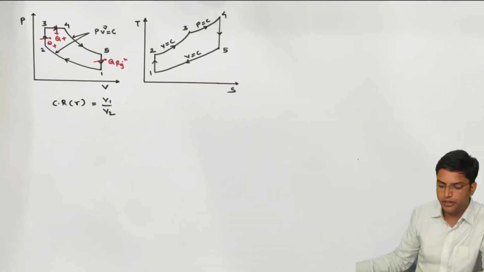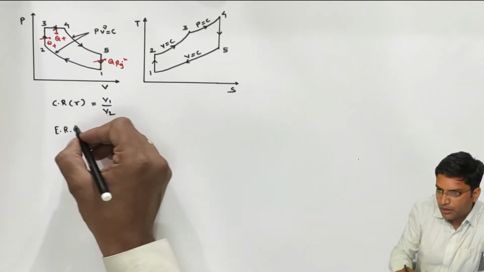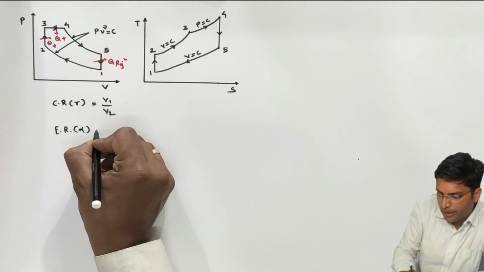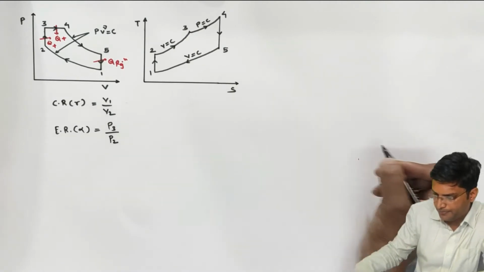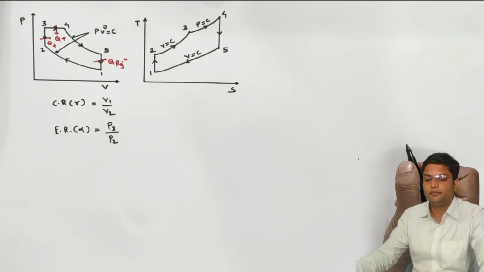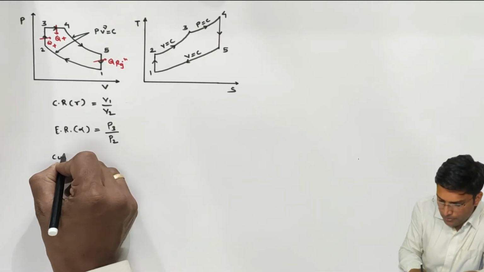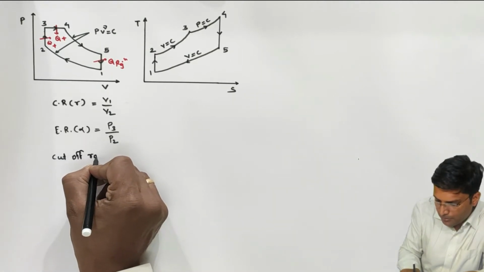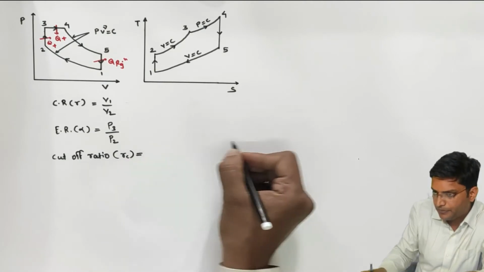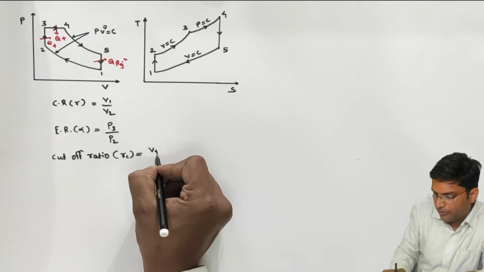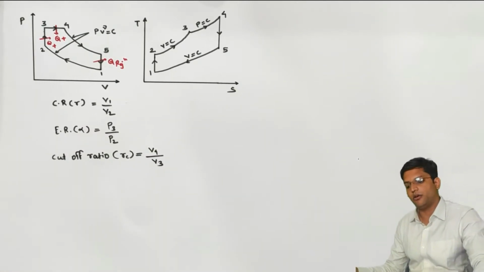Now the pressure ratio is denoted by alpha, which is nothing but P3 upon P2. Now the cutoff ratio, which is denoted by small rc, is nothing but V4 divided by V3. It is called the cutoff ratio.